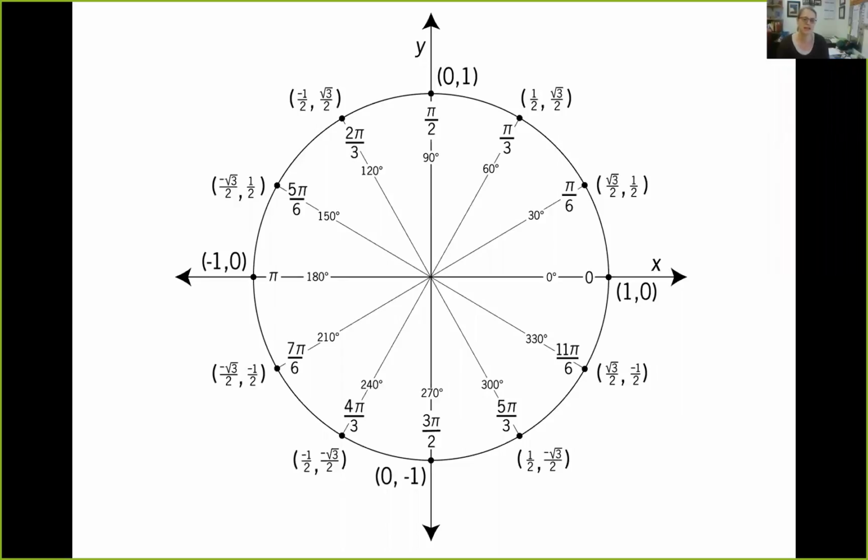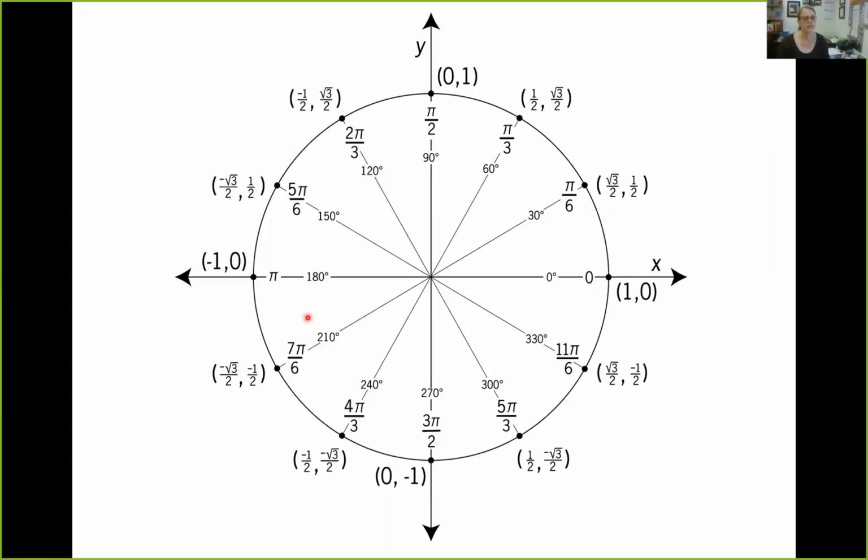So the angles that have a sine of 1/2 are pi over 6 and 5 pi over 6. But remember, if we go around again, we will get to 13 pi over 6. And so we add 2 pi to these every time we go around.